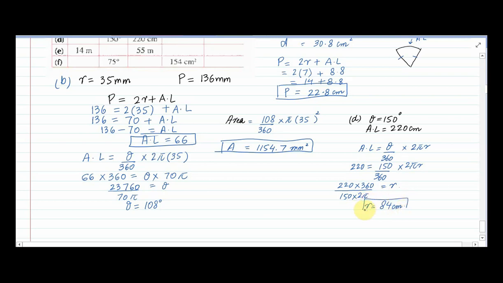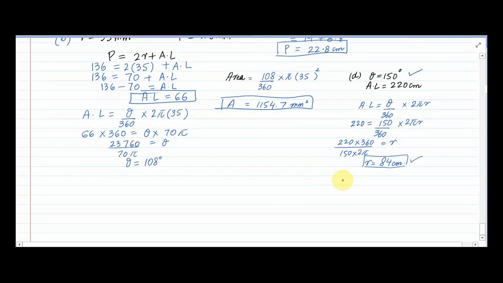Now keep in mind, when we have radius and when we have theta, now we can find any perimeter. So area will be angle, that is 150 divided by 360 multiplied by pi r square.